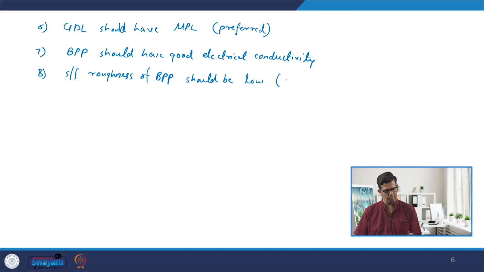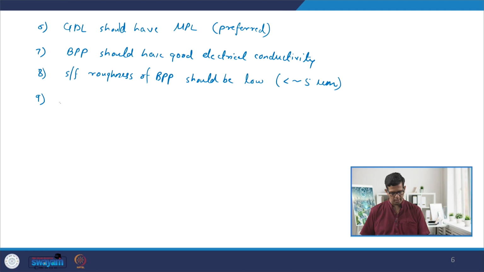Low means preferably below 5 microns or so. This can be achieved by using good anti-corrosive coatings, which, once coated on the surface of the bipolar plate, bring the roughness down, and also offer good electrical conductivity at the contact points between the gas diffusion layer and the bipolar plate.